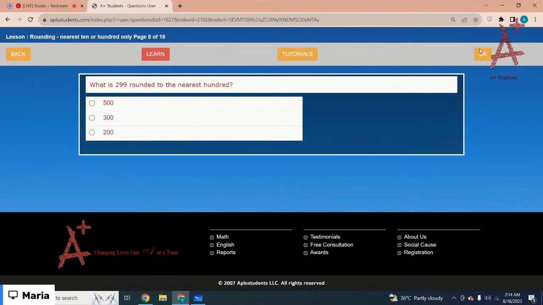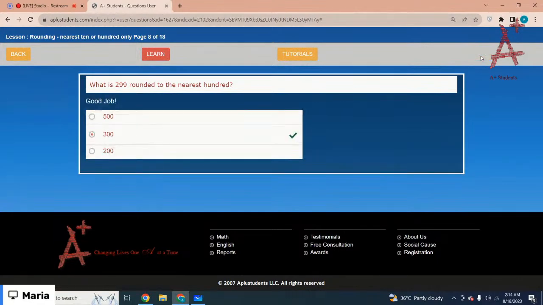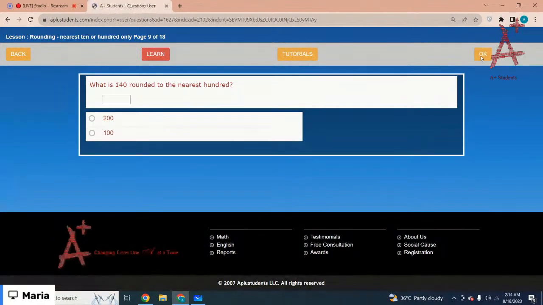What is 299 rounded to the nearest 100? So which is the correct option? If you already know the answers, you can please write down the answers in the chat box. 299 is rounded off to 300. The correct option is 300. Okay, what is 140 rounded to the nearest 100?